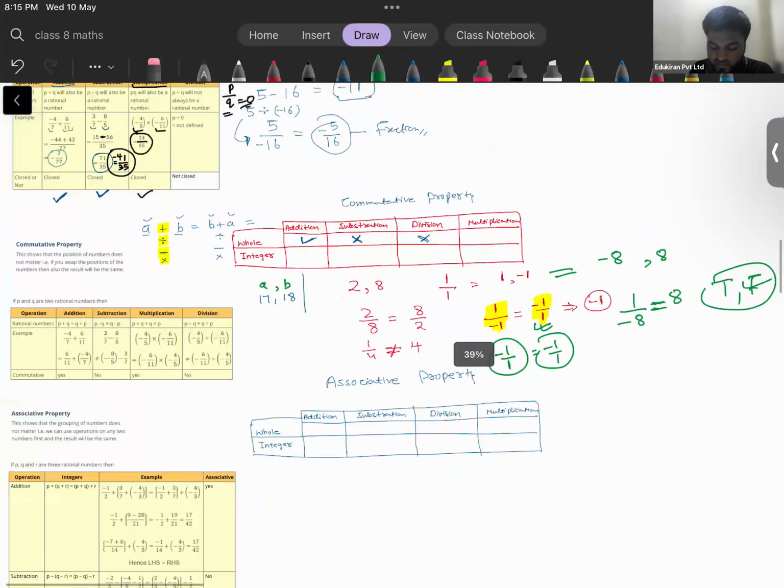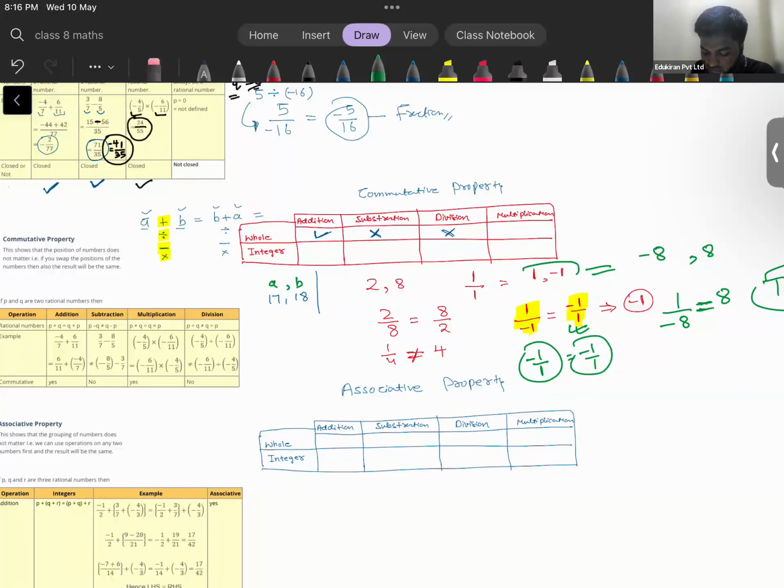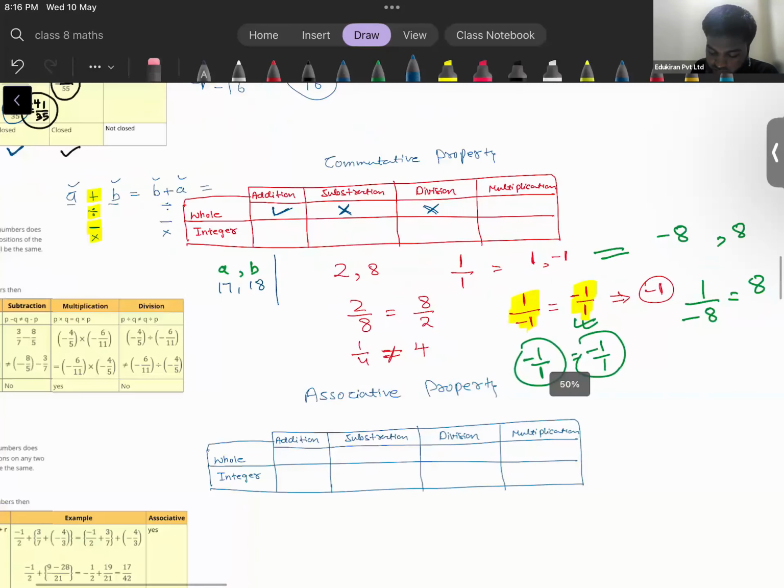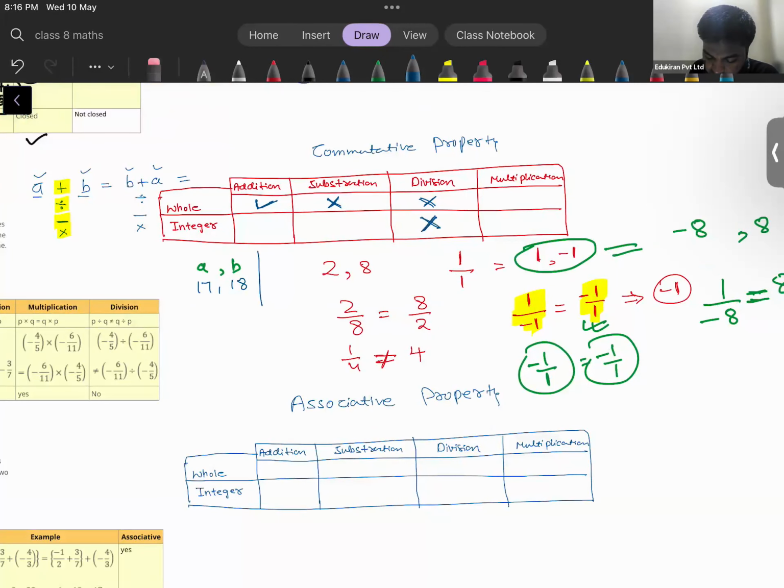We were actually discussing integers, and we took an example of a negative number, right? So actually, we can put a cross here for integers. Okay. Now let's talk about integers.